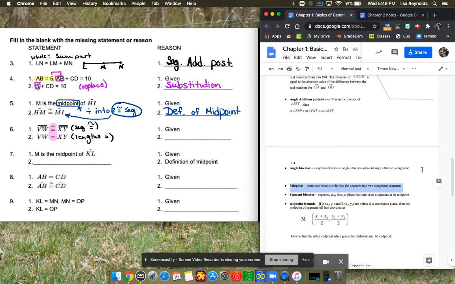So I need to look and see if I can find any definition, postulate, property, or theorem that talks about segments congruent and lengths being equal.